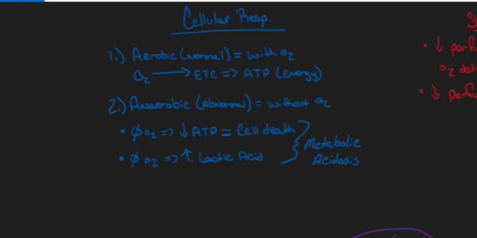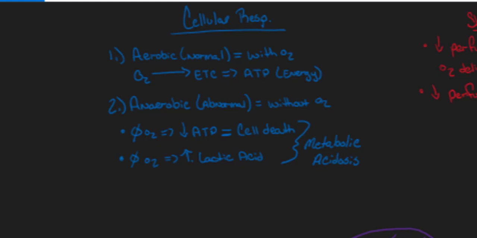When we deal with shock, we move from a normal state to an abnormal state, which is our second form of respiration or metabolism, and that's called anaerobic. Now remember, anytime you see that letter A or an in front of a word in the medical world, all that means is without. So anaerobic, well, if aerobic was with O2, anaerobic means without O2.